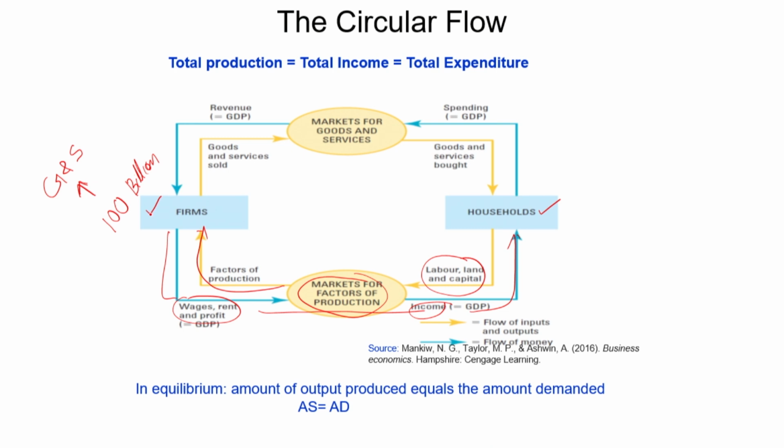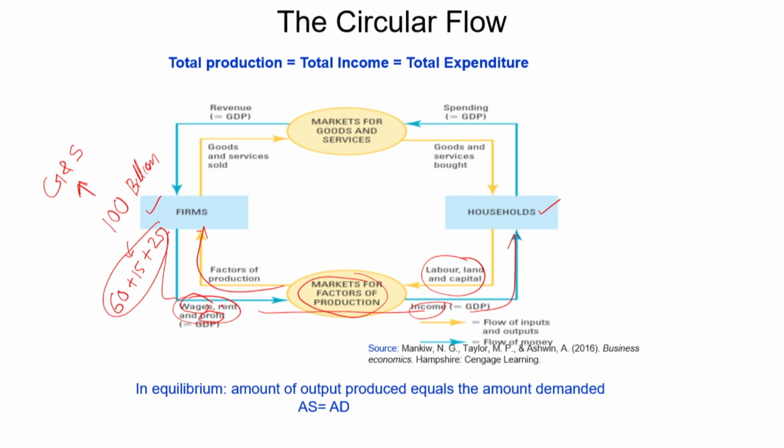Then you know that some share will be given in the form of wages. For example, let us make it in three categories. Wages is, for example, 16, and rent is, for example, 15. Then the remaining 25 becomes profit, right? So this 100 is distributed among these three forms: wage, rent, and profit.